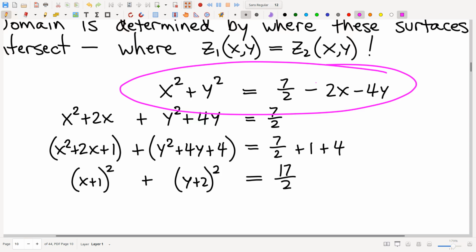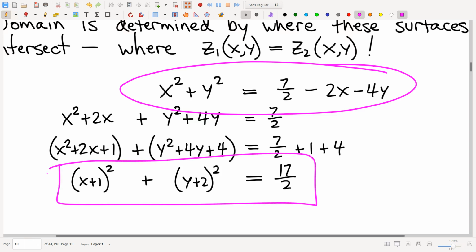I need to be able to turn that into a square, and likewise this business over here, so that I can recognize what kind of an equation I have. It's hard to tell from what's going on there, but it's easy to see here that this is just a circle, centered at (-1, -2). And the radius is some unfortunate number, square root of 17 halves. That's weird, but whatever.